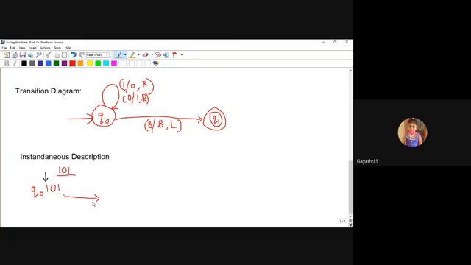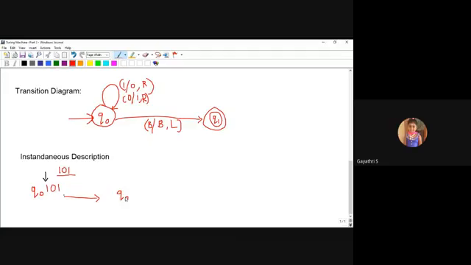While writing the instantaneous description for a Turing machine, first you have to write the state. From Q naught, if you are reading 1, the state doesn't change, so I will write Q naught only, because it does not move to any other state. It retains the same state.